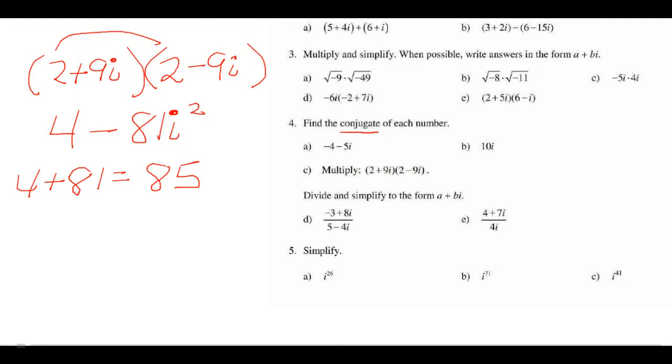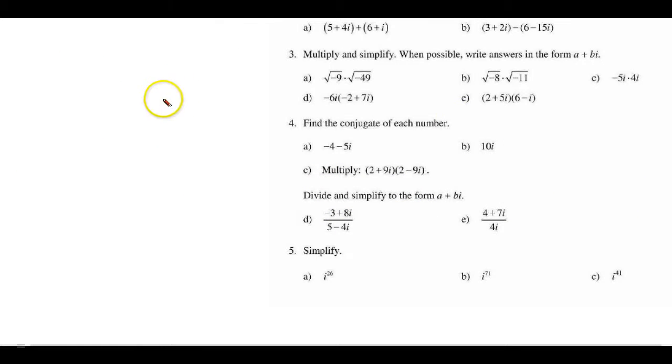Again, ask any question. So let's set up the division. Negative 3 plus 8i over 5 minus 4i.